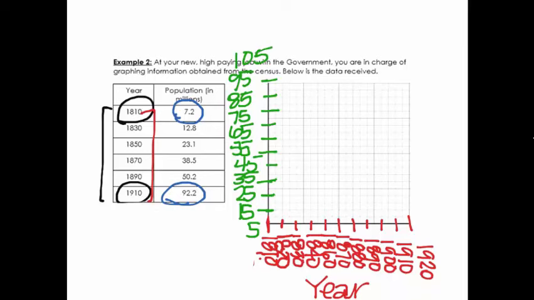So now I just need to plot my information, and I'm going to do this in this orange color. In 1810, we had a population of 7.2. So that's somewhere around this 5, but not quite 10. In 1830, we had a population of 12.8, so that's just below the 15.